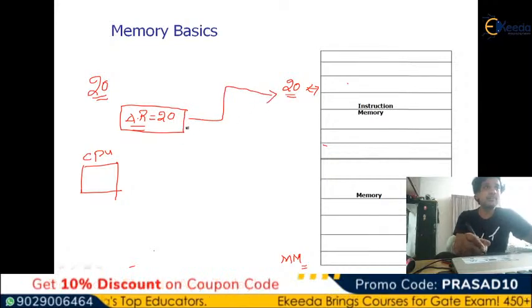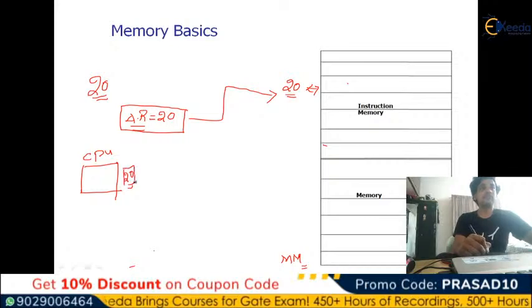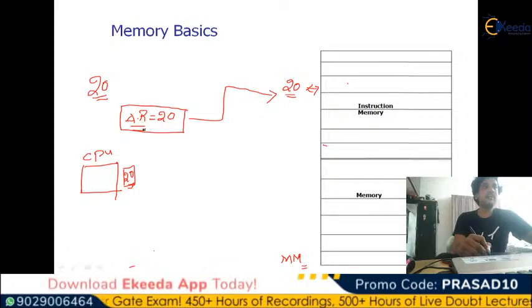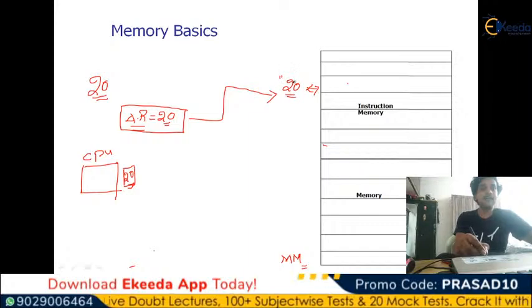In this case, the CPU wants to search for address 20, and it will do it only by using the address register. This address register is a mediator who takes the addresses from the CPU, goes to the main memory and finds out where this address is.